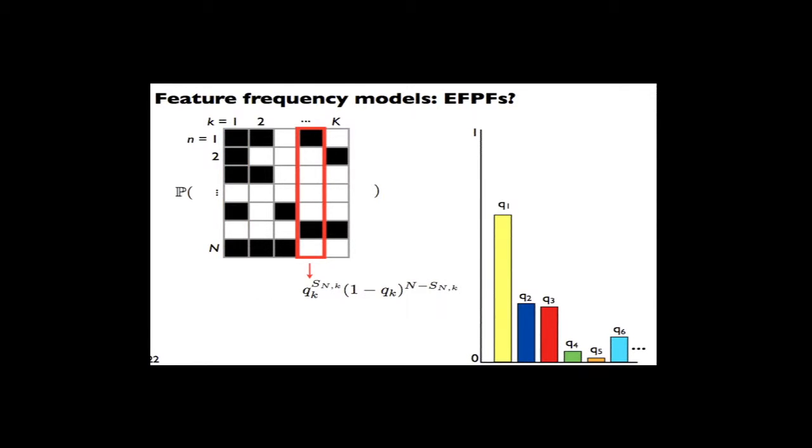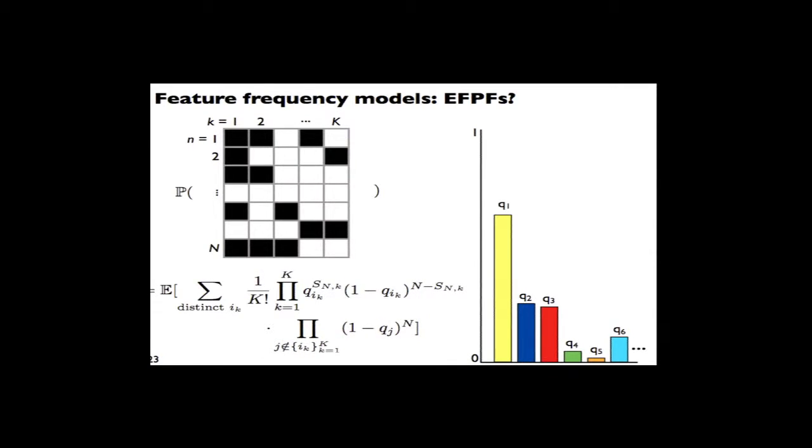Of course, this is true for any feature. And remember, we don't know the order of the features, so this could have come from any of these frequencies. We can take a product over all of the features we see, but implicitly, there could be countably infinitely many we don't see because they haven't been drawn, and they were all unsuccessful Bernoulli draws. And then finally, we take an expectation because these Qs might be random.